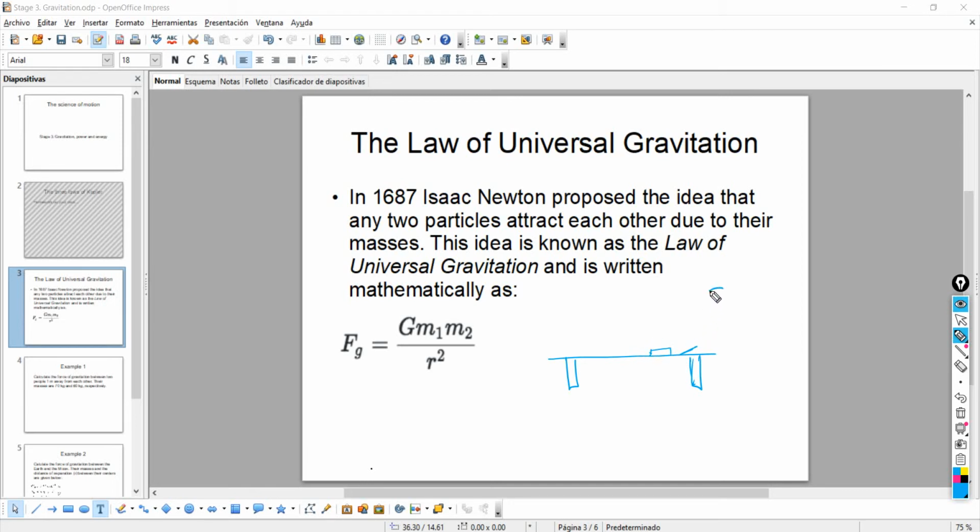If I'm telling you that any two particles attract one another, why don't we observe that the notebook and the pencil attract one another so that they eventually collide or stick together?